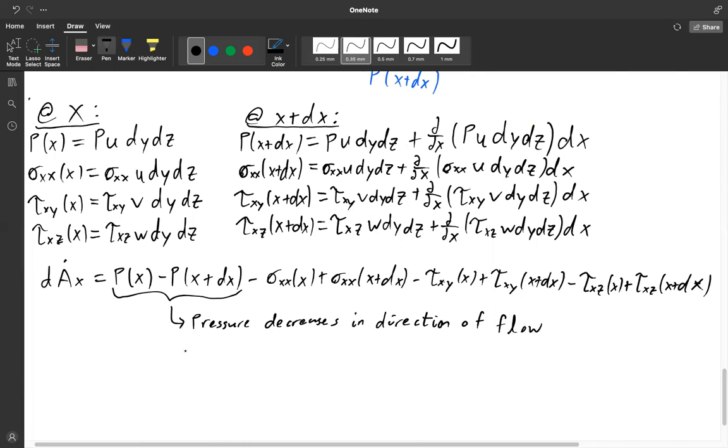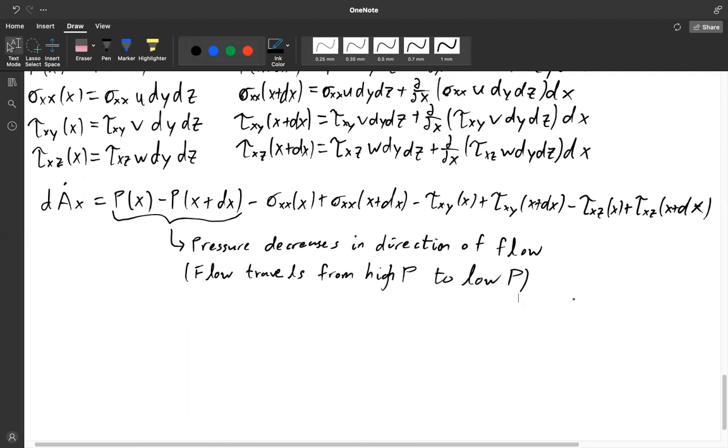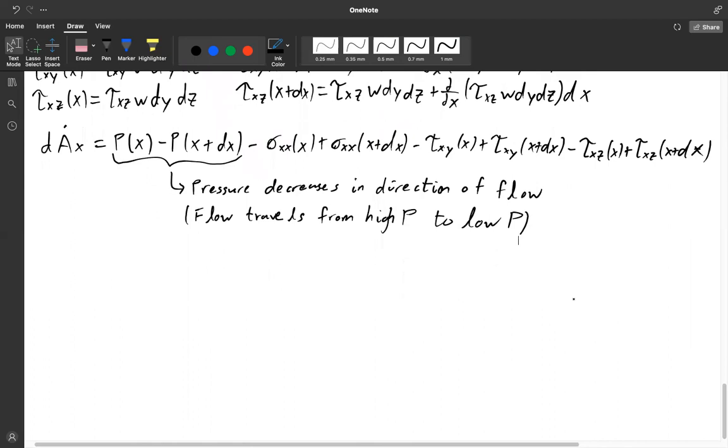In other words, flow travels from high pressure to low pressure. So that is why we have our equation set up like this.